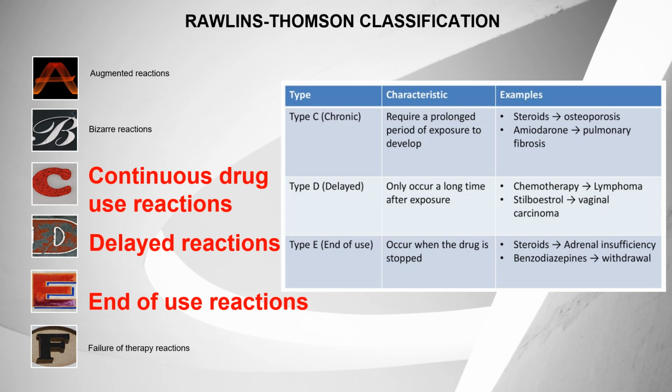While for the type E reaction, or end of use reaction, the drug withdrawal syndrome and also rebound phenomenon can occur, and it is very uncommon and occurs soon after the withdrawal of the drug.